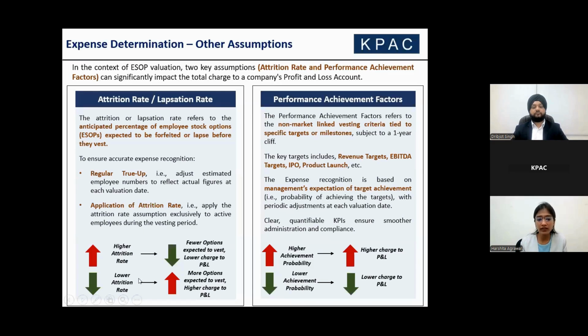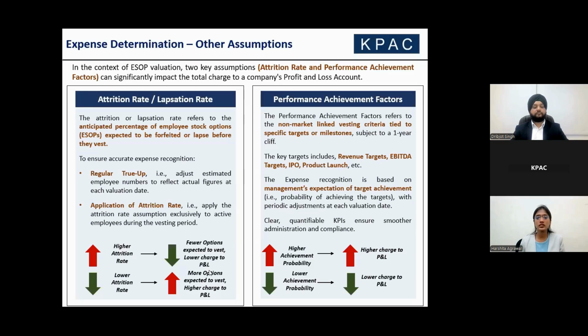Similarly, a lower attrition rate will lead to more options expected to vest and hence a higher charge to P&L. One thing again to note here is to keep the estimates accurate. Companies true up the actual number of employees at each valuation date instead of just relying on the initial projections. So that is a very important point to note.